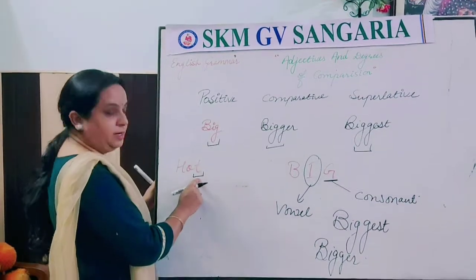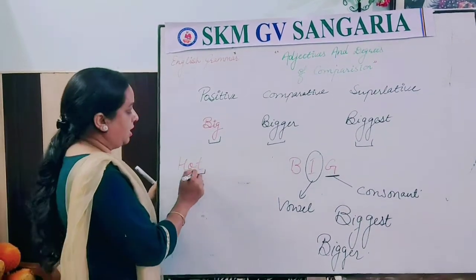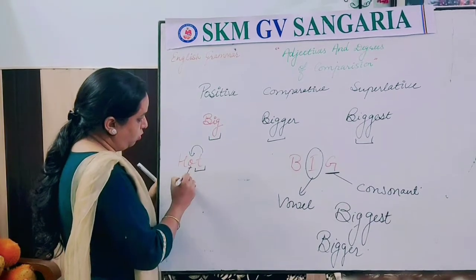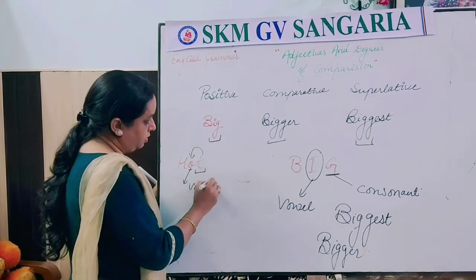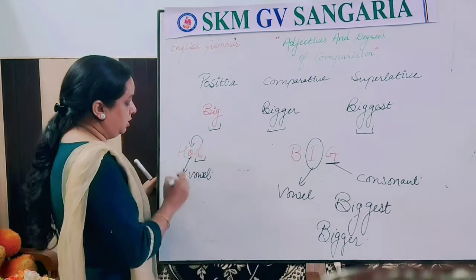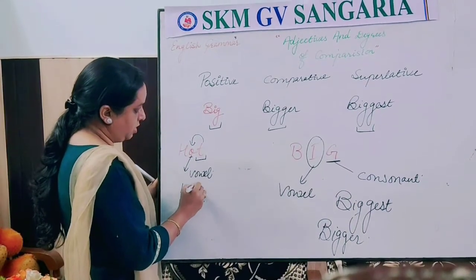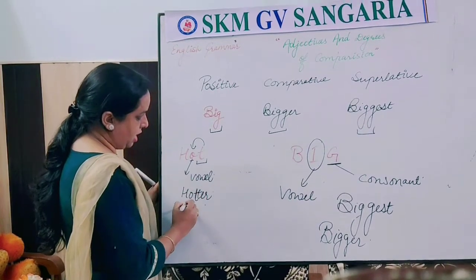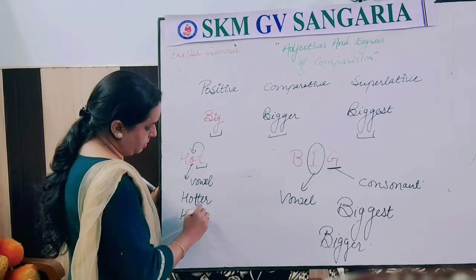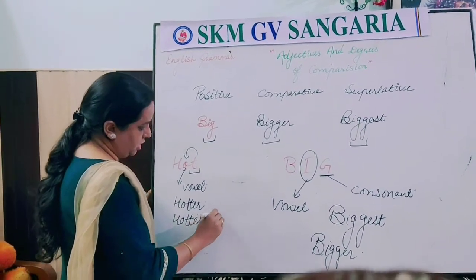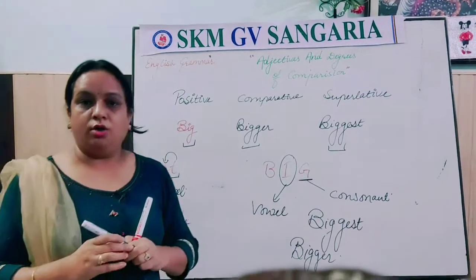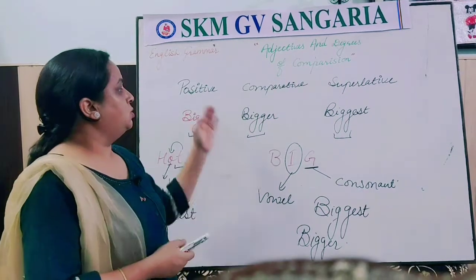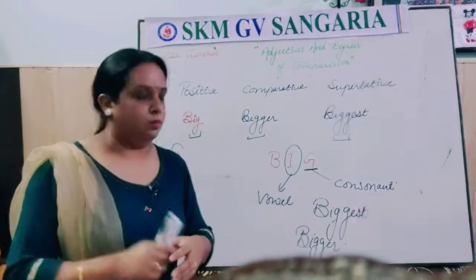The last letter here is T and the one next to it is O, which is a vowel. Clear? Then the spelling would be hotter, H-O-T-T-E-R and H-O-T-T-E-S-T. So this is all about how you have to learn the small things and the basic concepts in your grammar. Clear?